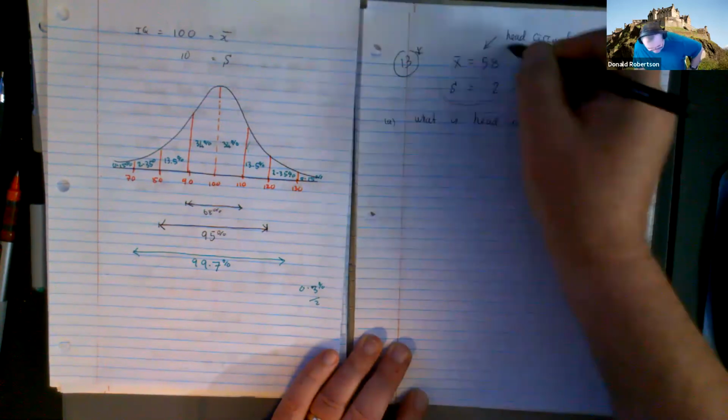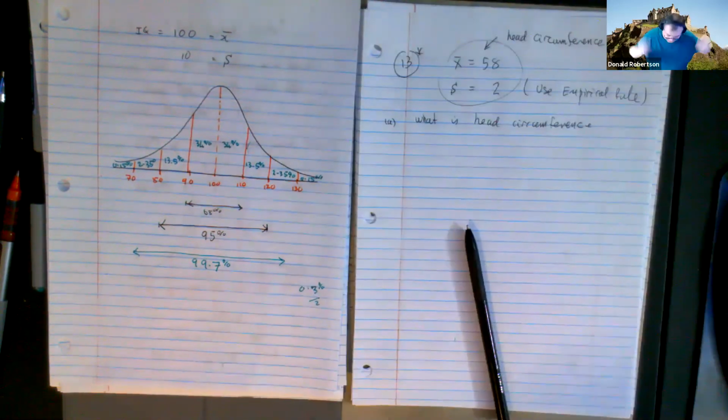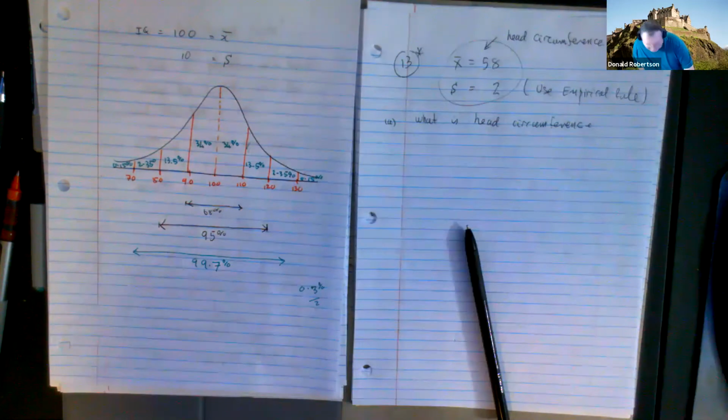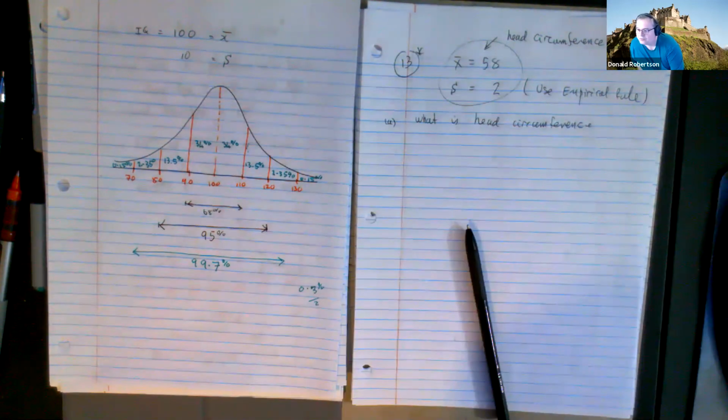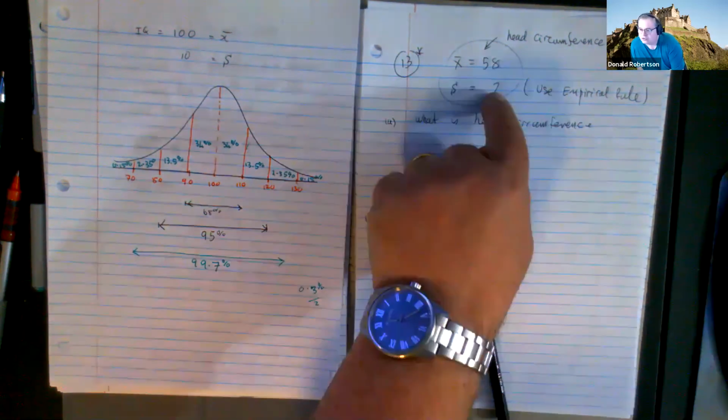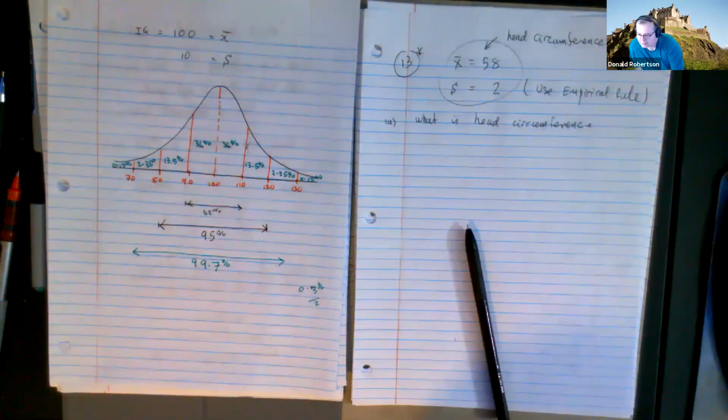I didn't know this, but if you take a tape measure around your head, evidently 58 inches is the average head circumference for an adult male. And the standard deviation is 2. So if you think your friend is big-headed, get a tape measure out and find the circumference, and you might be able to find out how big their head is.